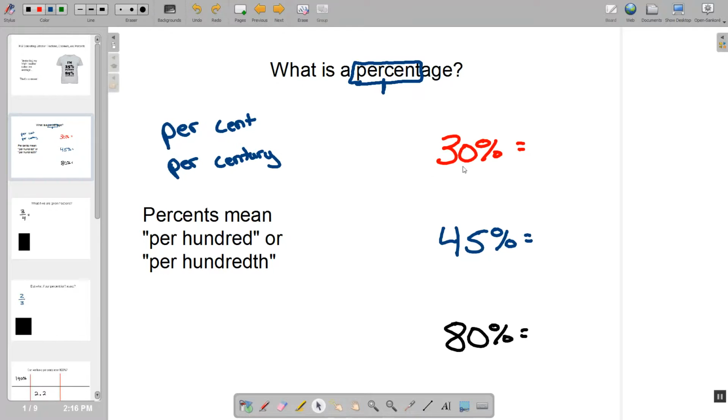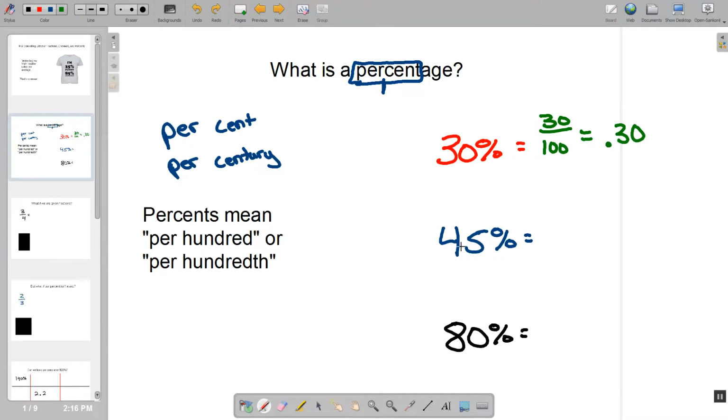So if we're given the fraction, percent, or decimal, we can convert it into the others by remembering that percentage means per cent or per hundred. Therefore, 30% means 30 hundredths. That fraction also means the decimal, 30 hundredths.